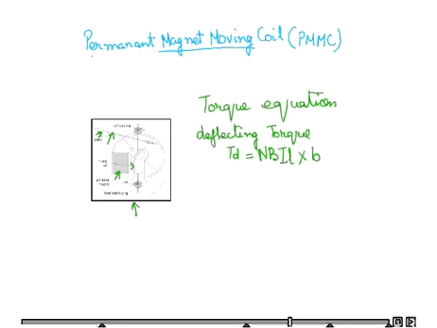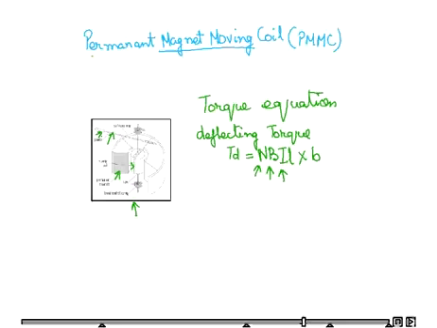Let's see the torque equation. The deflecting torque here, TD, is NBIL into b, where N is number of turns in the coil. B is given by the flux density in Weber per meter square.